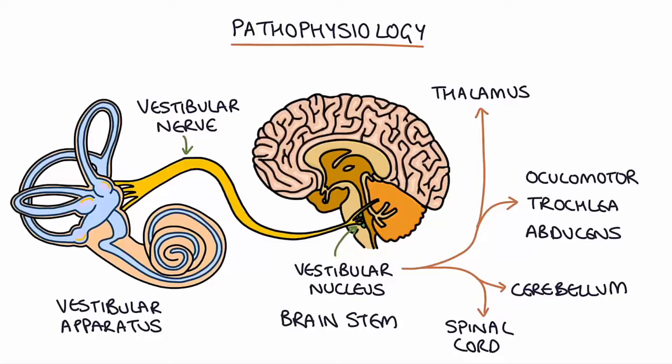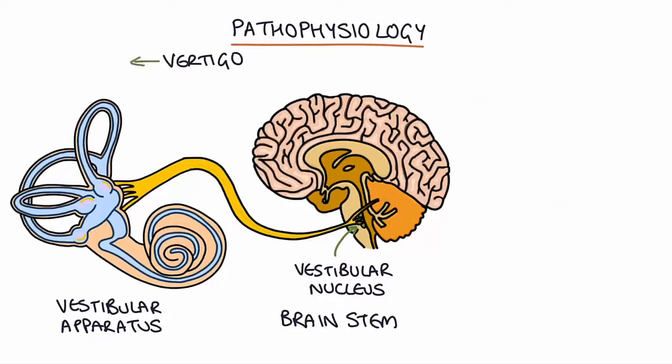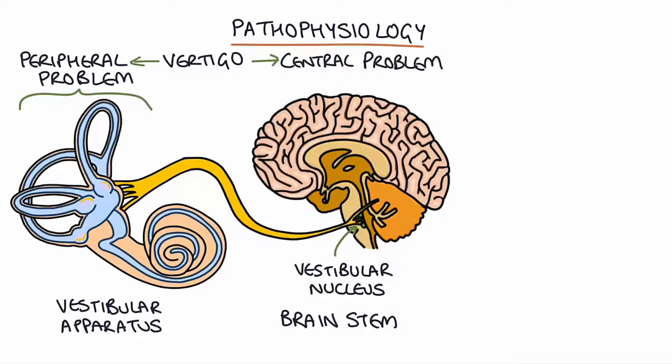The cerebellum is responsible for coordinating movement throughout the body, so therefore the vestibular signals help the central nervous system coordinate eye movements and movements throughout the body. Vertigo can be caused by either a peripheral problem, usually affecting the vestibular system, or by a central problem, usually affecting the brainstem or the cerebellum.